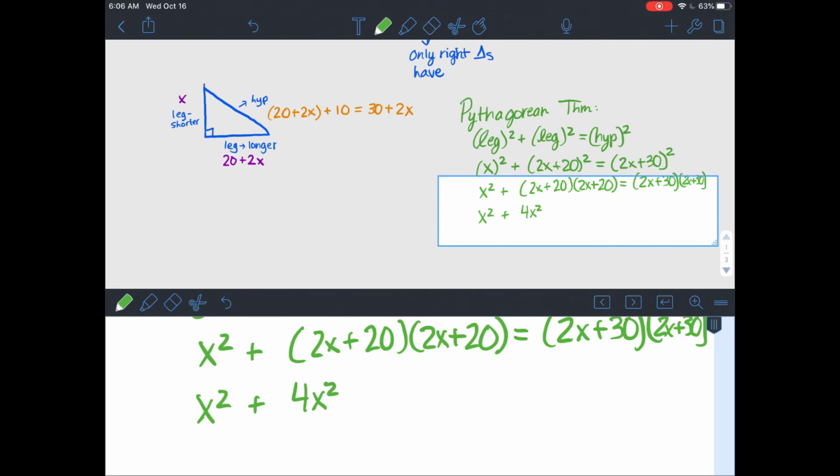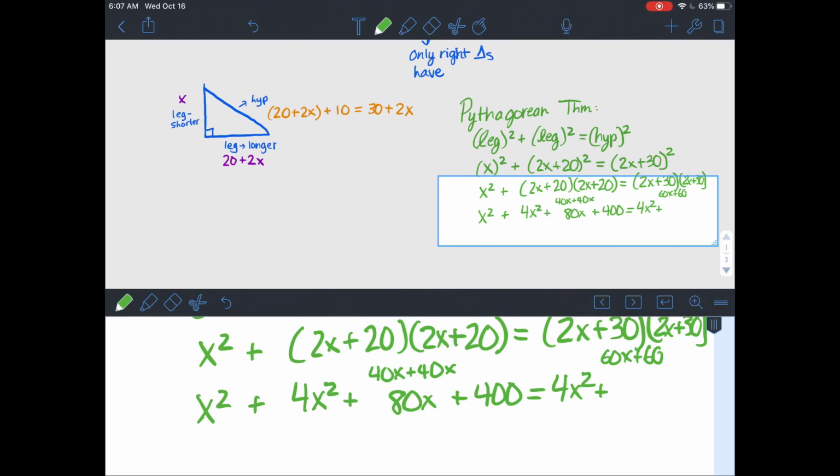If you multiply 2x plus 20 times itself, I'm going to jot my middle terms up above and then combine them together so I don't have to rewrite. I'm going to have 80x and 400. And then 4x squared plus 60x and 60x, so 120x.